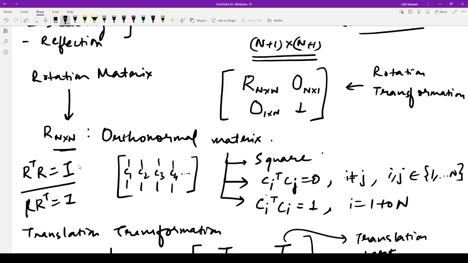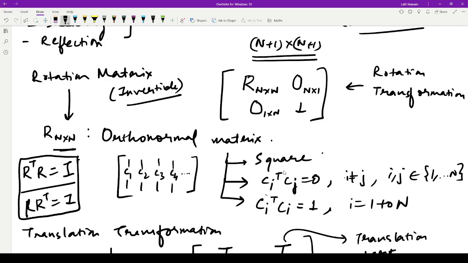Just try solving this. Given that this is the definition of a rotation matrix, you will get this as one of the properties. So the rotation matrix is invertible because you're multiplying two n cross n matrices and the determinant is not zero. Given all these properties, R transpose R is I, so this is invertible. If this is invertible, the transformation is also invertible.